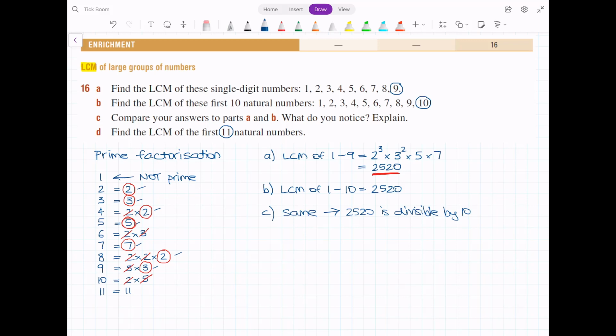It's divisible by 10, so bringing 10 into the mix won't add any new multiples.